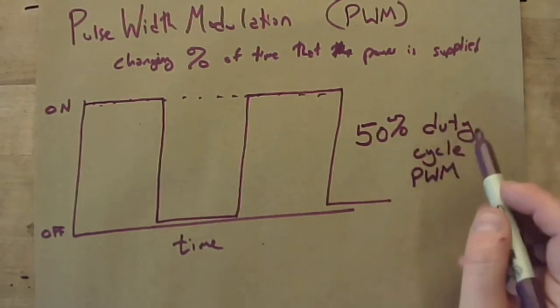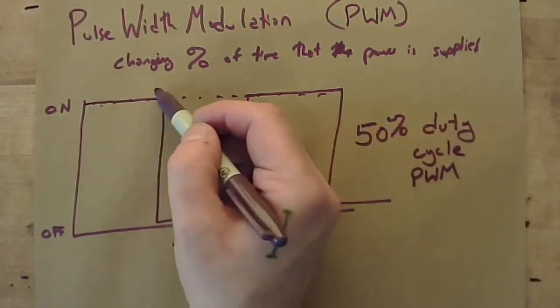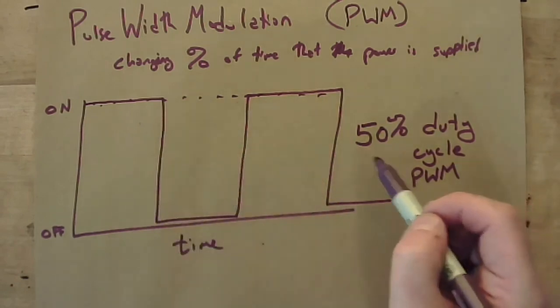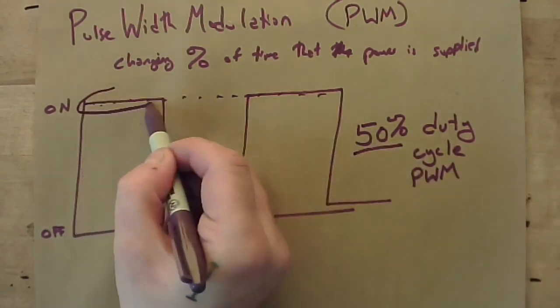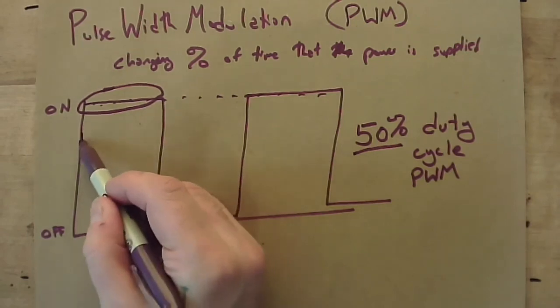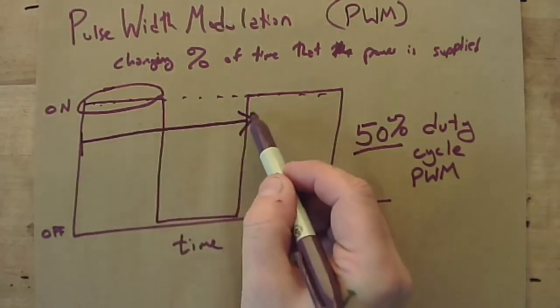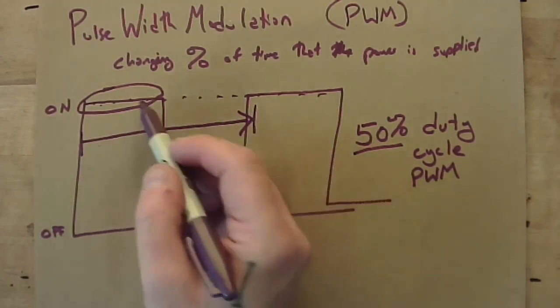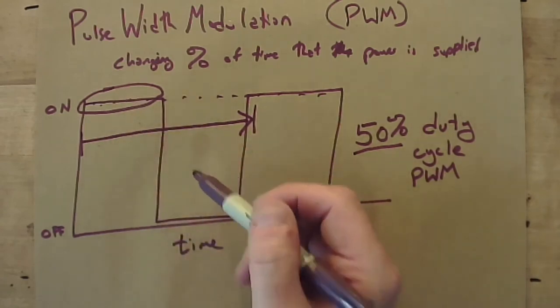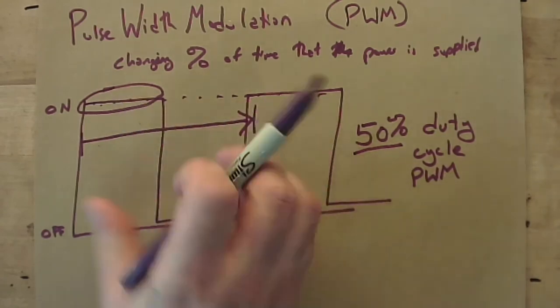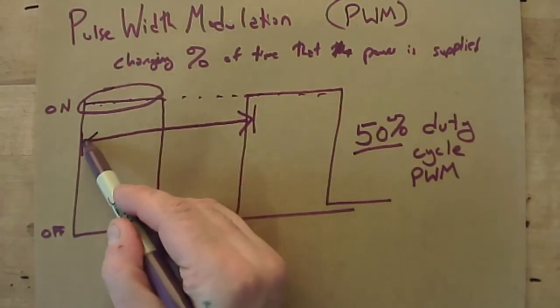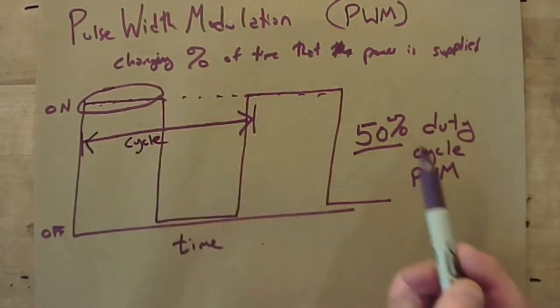Duty cycle is the term for the ratio of on to off. At 50%, it's on 50% of this wavelength, of this cycle. We have an on and an off, and that on and off comprises one cycle.